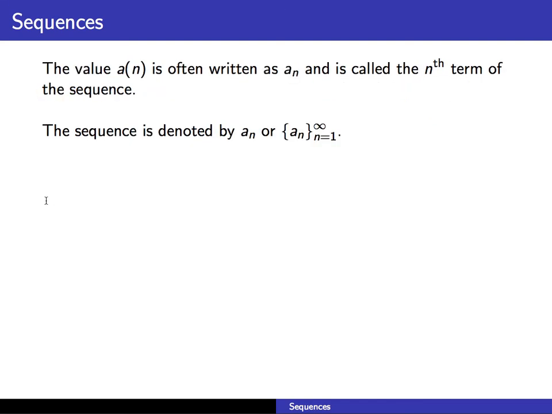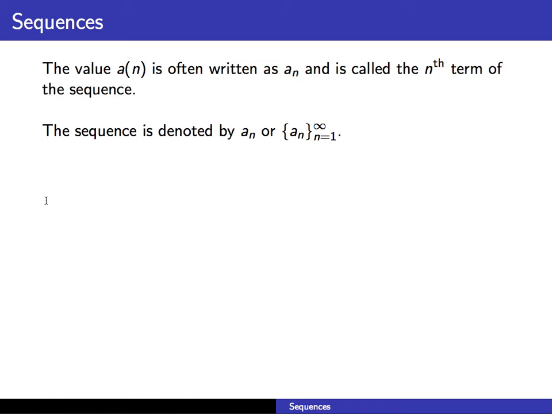As a function, the value a of n is often written as a sub n in sequences, but we can use the techniques for evaluating a function to help us with this part of the section. And a sub n is called the nth term of the sequence, which is really nice when you start with n equals 1 as opposed to n equals 0, because then it truly is the nth term of the sequence.